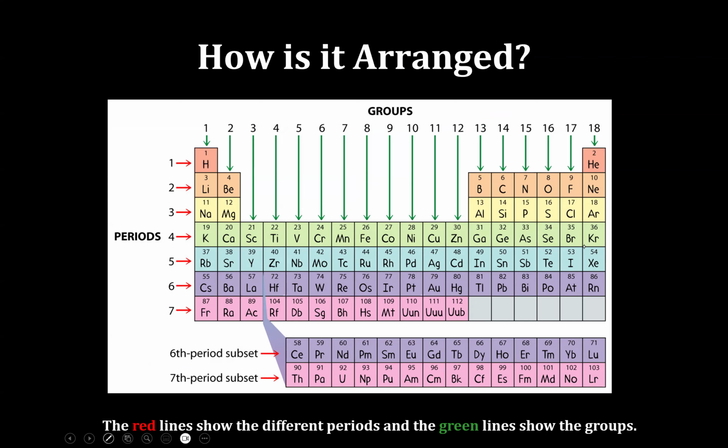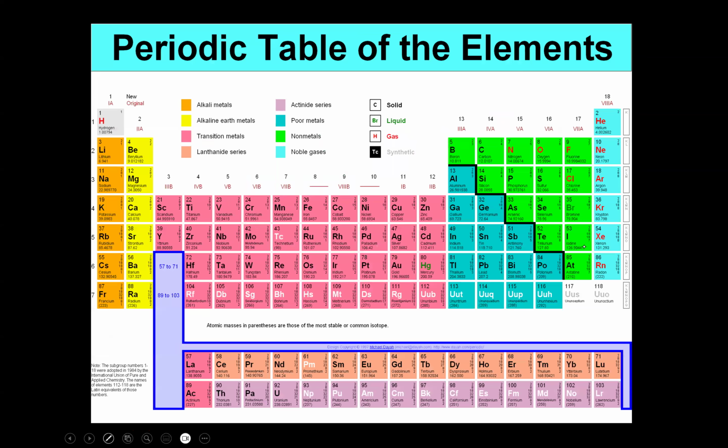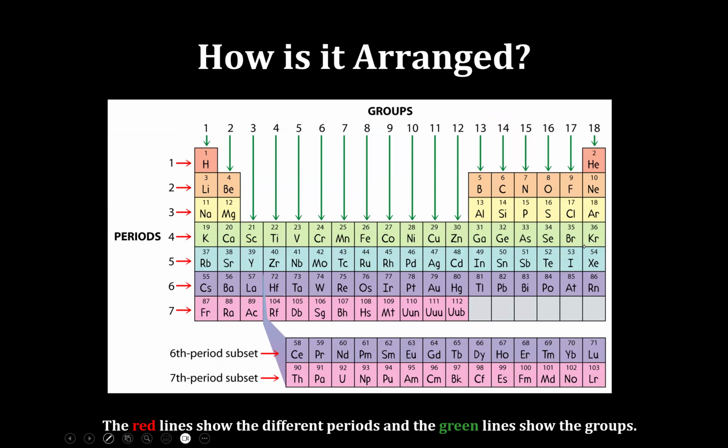Oh, the color is just to differentiate different periods. This color is different to differentiate different types of elements, but this one is just simply to differentiate different periods. Do you understand? Oh yeah, thank you.